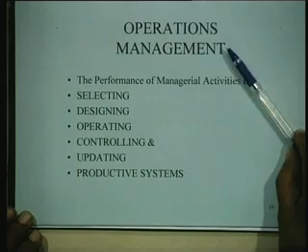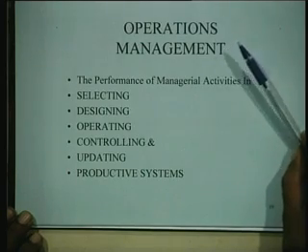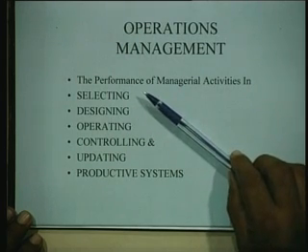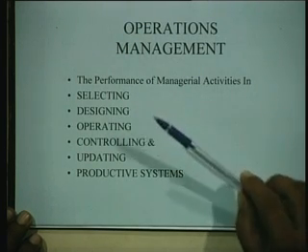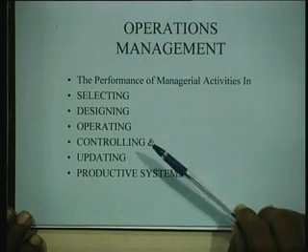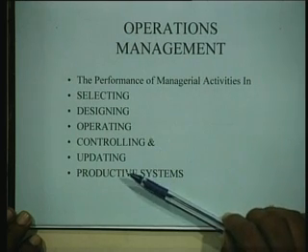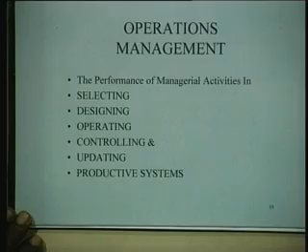So broadly speaking, the whole process of operations management can be defined as the performance of managerial activities in selecting, designing, operating, controlling, and updating production systems. This could be taken as a formal definition of operations management.